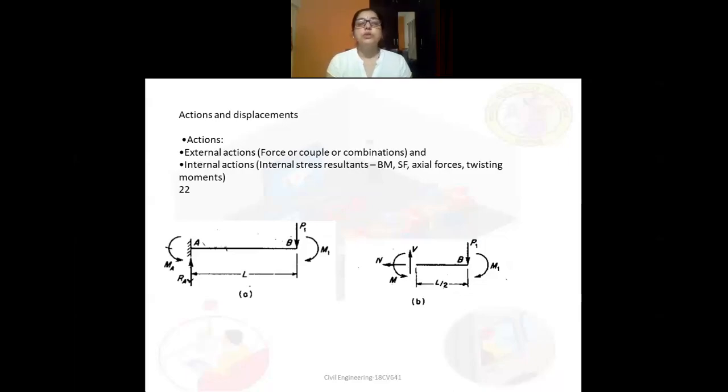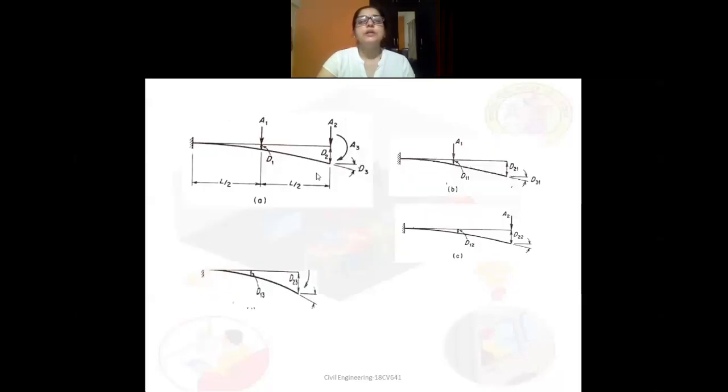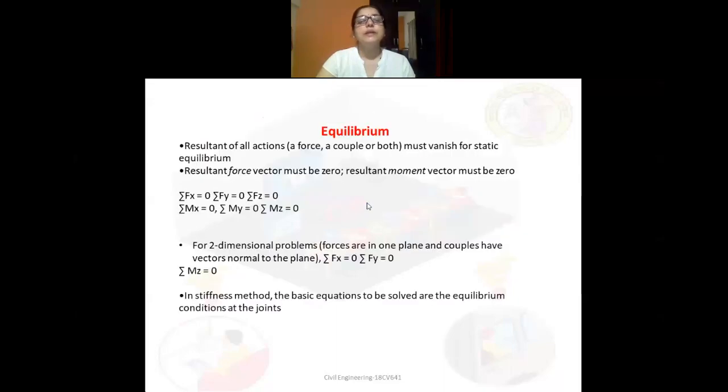External actions are forces, couples or a combination, and internal actions are internal stresses. For every action there is a reaction. Internal stresses can be bending moment, shear force, axial force, twisting moment, etc. Displacement is a translation or a rotation at some point. We are going to explain these in the coming session.